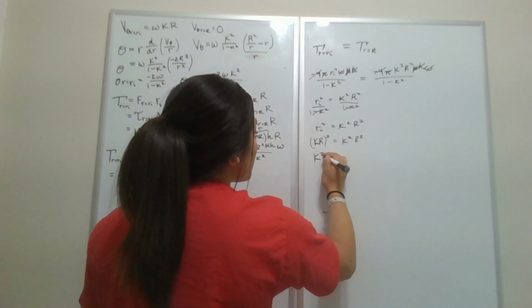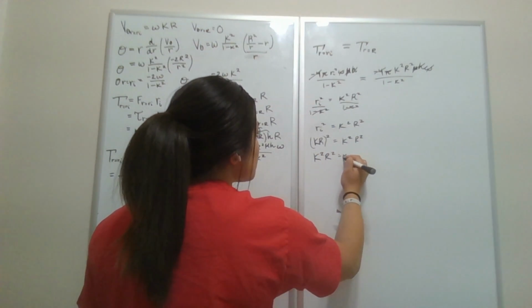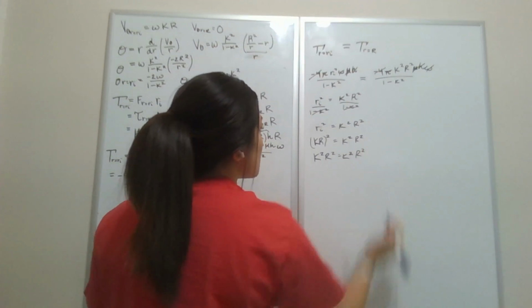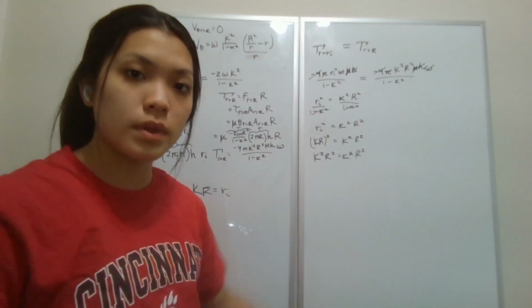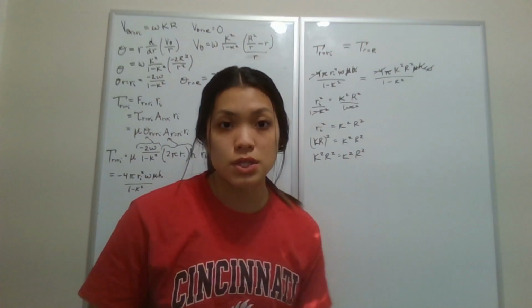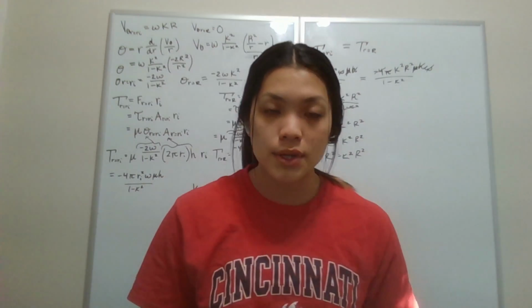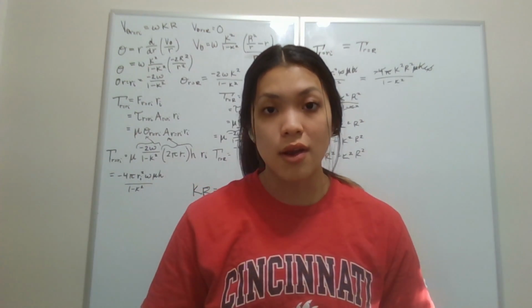And so if we look, these two are equal. So what that means is that the torque on the inner and outer cylindrical surfaces are equal.